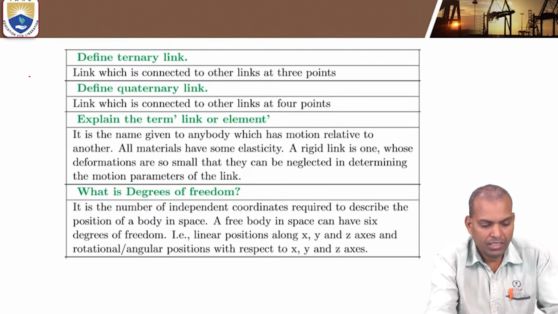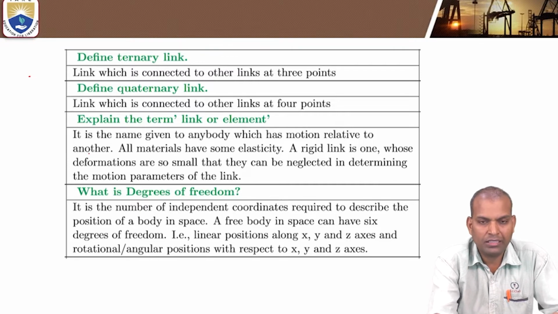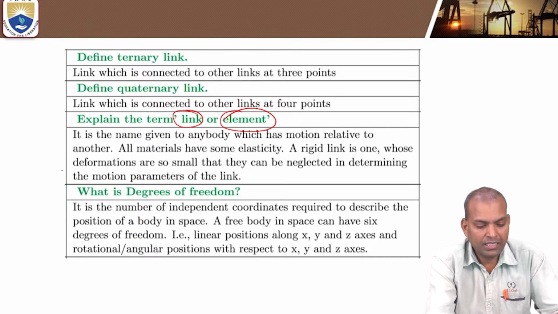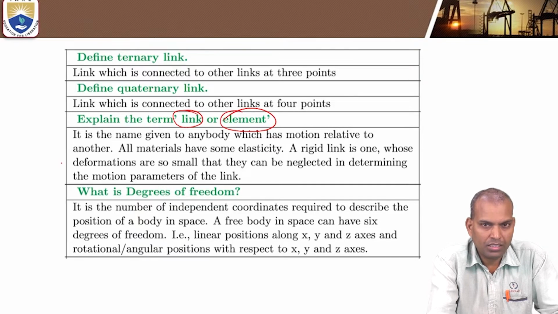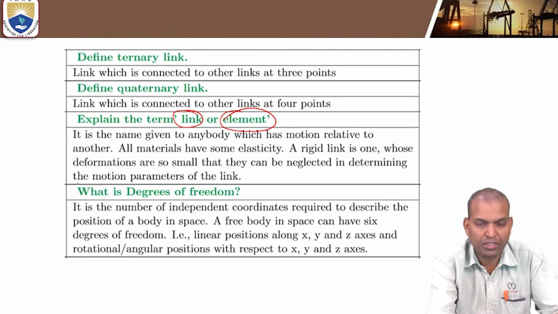Now, next definition: what is the term we are calling a link? What is the term link or element? Okay, a link is a rigid body, that is a rigid link, whose deformations are so small that they can be neglected in determining the motion parameters of the link.